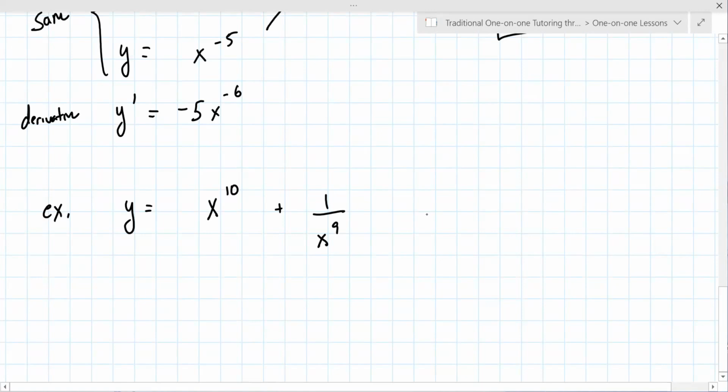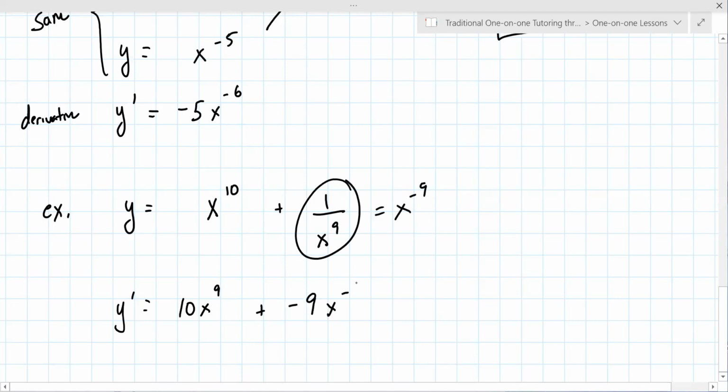The derivative is 10x to the 9th, plus, this right here is really x to the minus 9, so you bring the 9 down and make it negative: minus 9x to the minus 10.